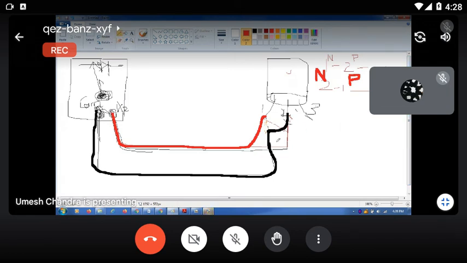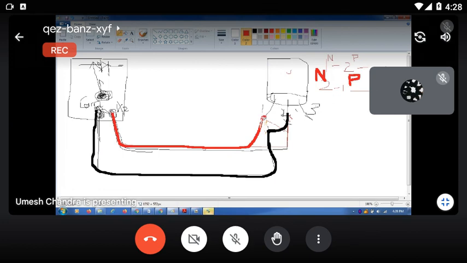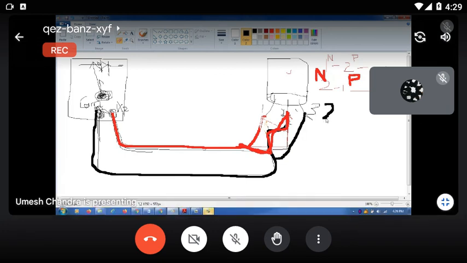Now you connect 2 to 3. The red is connected to 2 and the black is connected with 3. Just write here 2 to 3, that means 2 is positive, P, and 3 is negative.